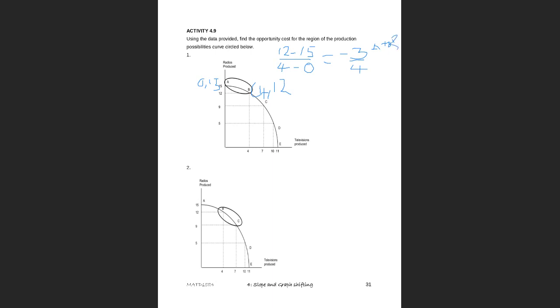Now let us look from B to C. The point C here is going to be 7 and 9.